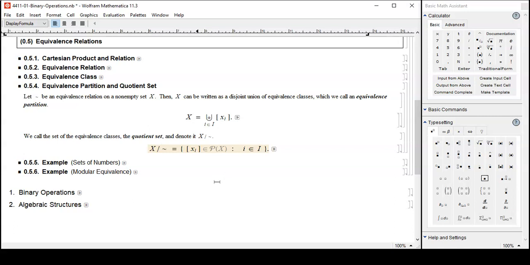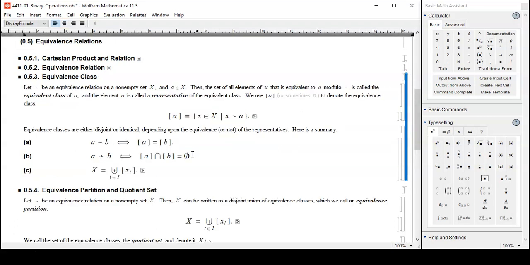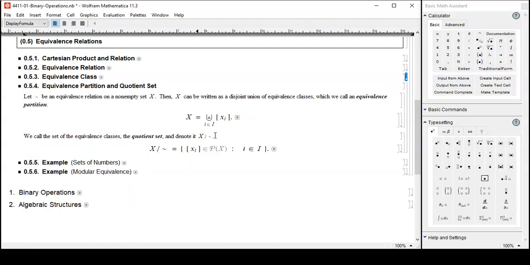Now, this quotient set can have a cardinality much smaller than the starting set in some cases. The reason is that we are taking the equivalence classes and there are so many duplicates.